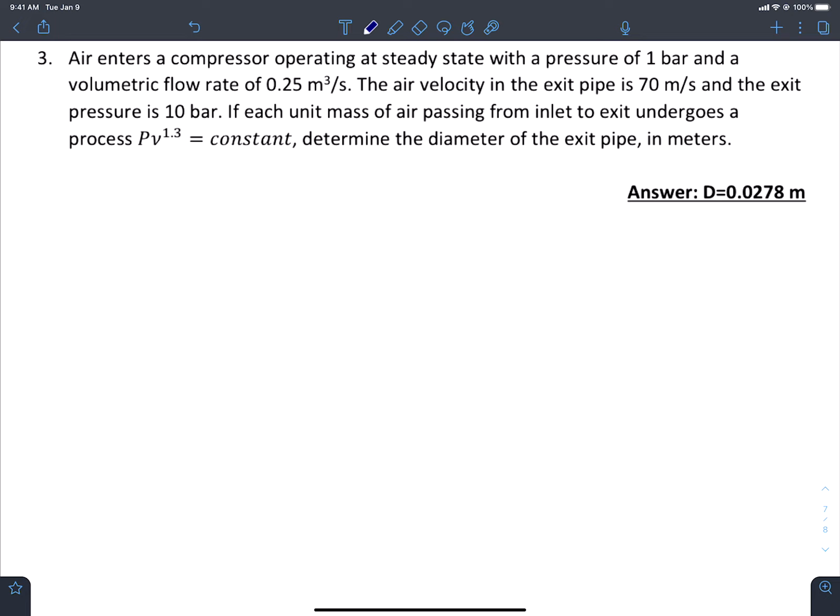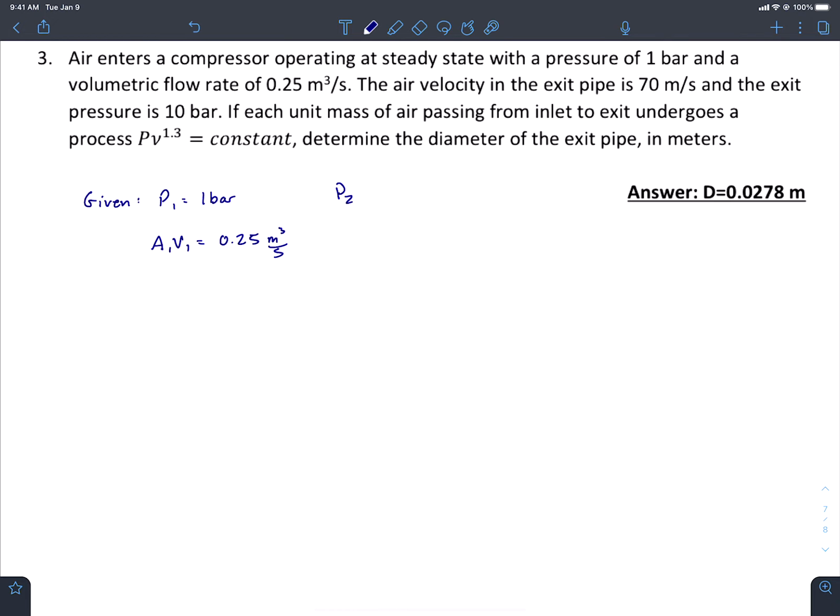I'm just going to start this one a little bit earlier, just because I think we don't have much time. Okay, so first things first, like always, I'm going to write my givens. So P1 is equal to 1 bar. My volumetric flow rate, which is A1V1, is equivalent to 0.25 meters cubed per second.